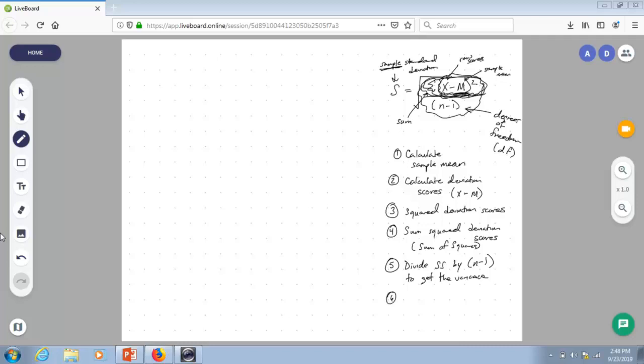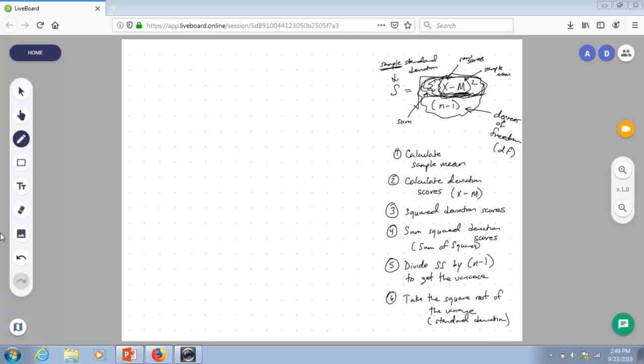Our final step is to take the square root of the variance. This will ultimately give us our standard deviation.